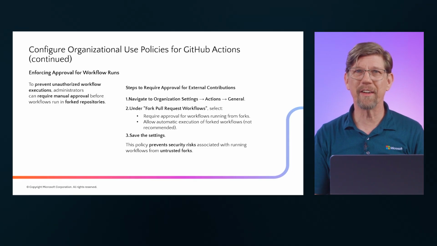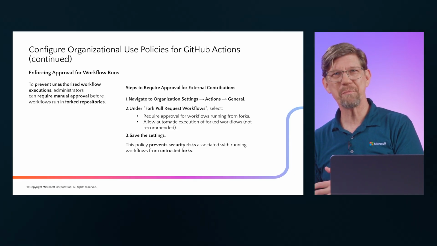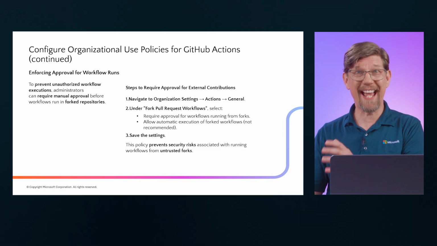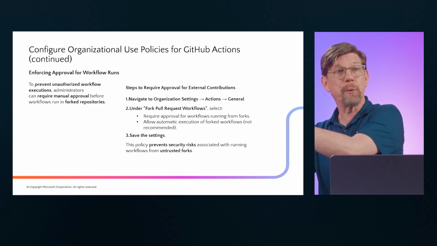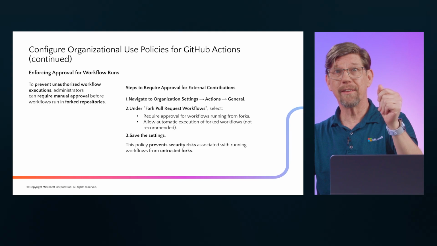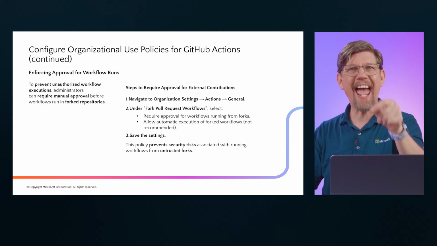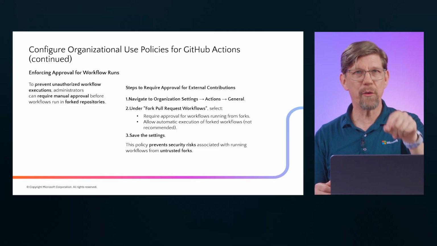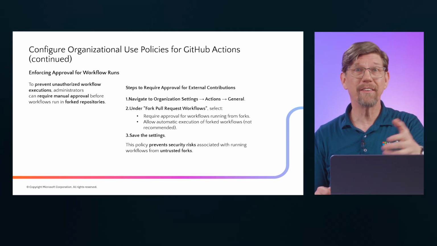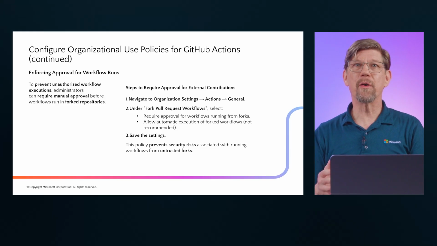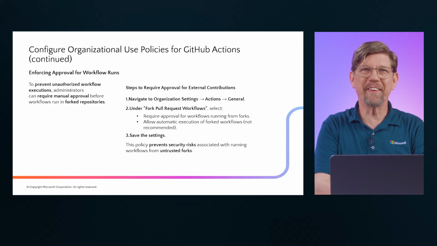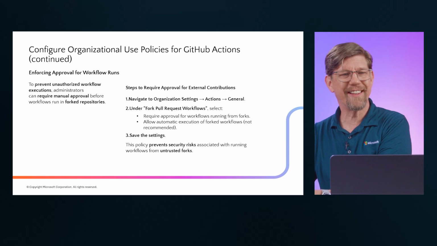And then there's the other ones that are not. What we don't want to happen is someone to create a pull request that we don't know, that we don't trust, and have it run those actions, which are just code. So we don't want to give arbitrary code execution to just anybody.